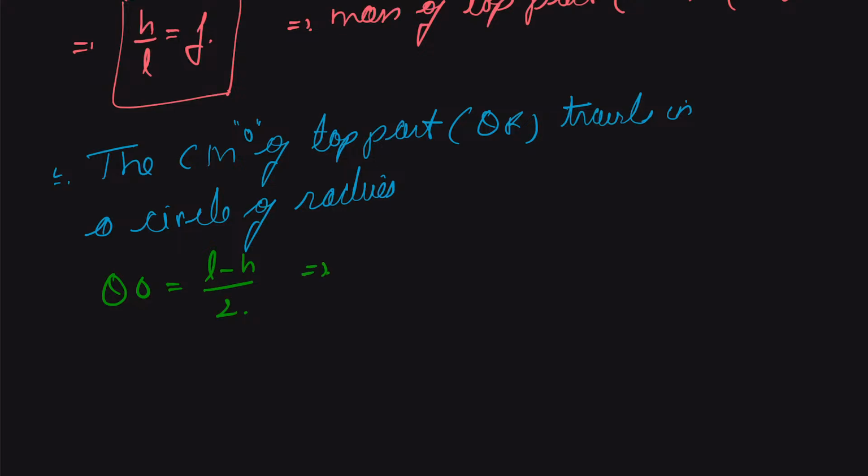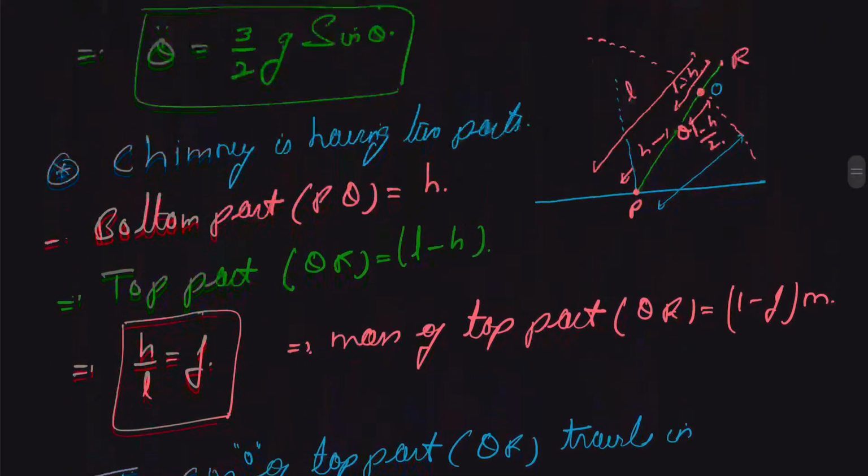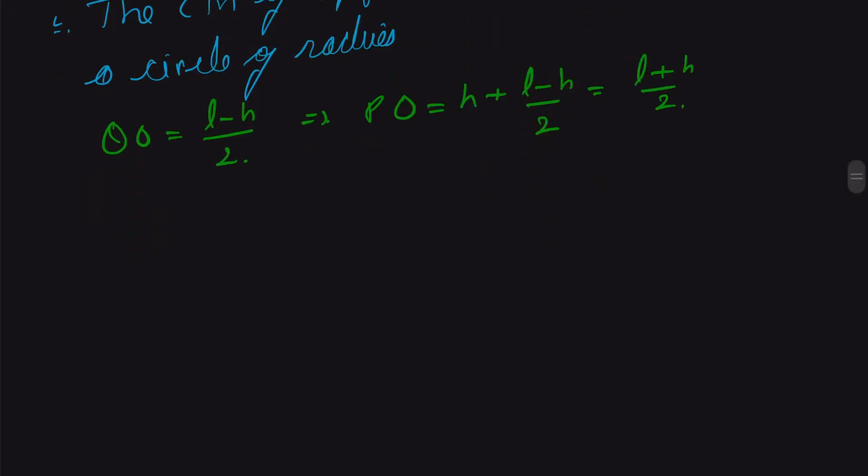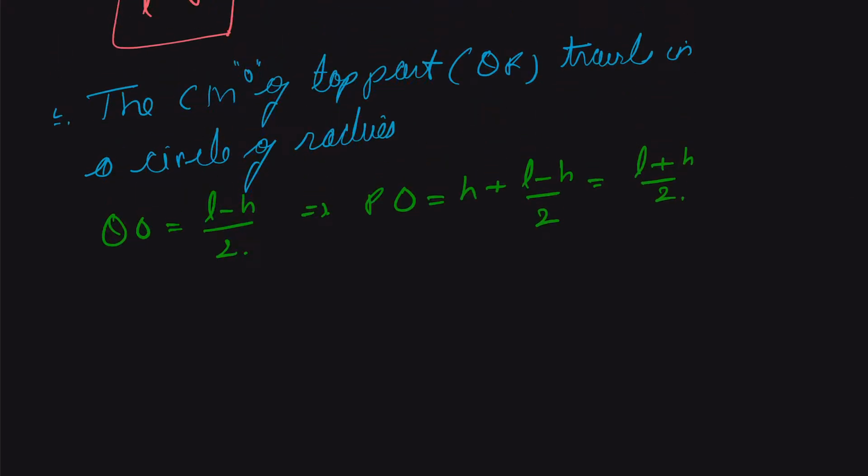Therefore, we can write that our PO will be equal to H plus (L minus H) upon 2, and this gives us (L plus H) upon 2, and this radius is our PO.